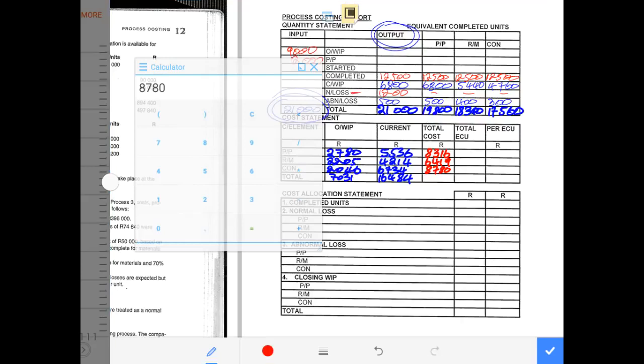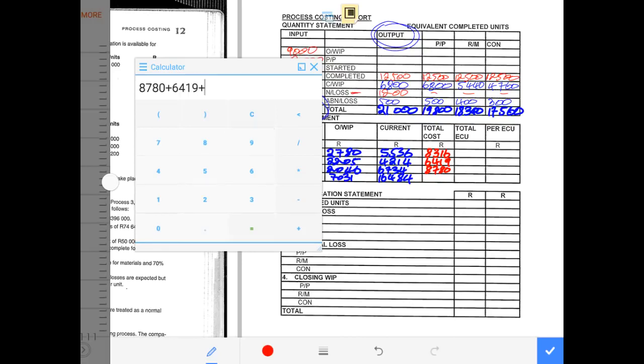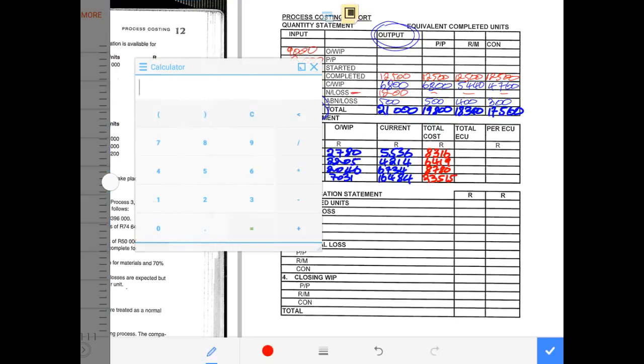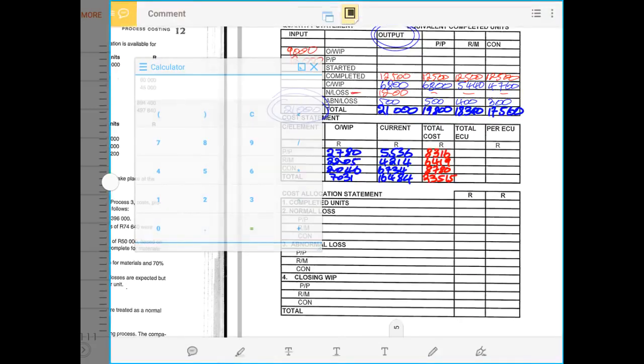Then after we give the total at the bottom, which is 8,316 plus 6,419 plus 8,780, and the total will be 23,515. And with that being said, now we can calculate our total equivalent units.